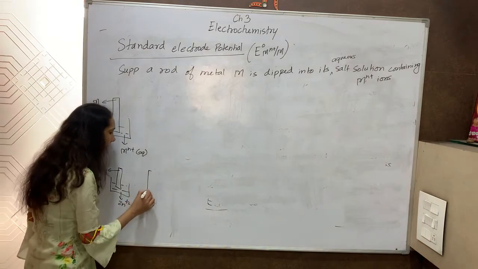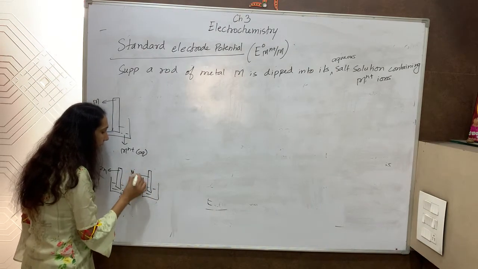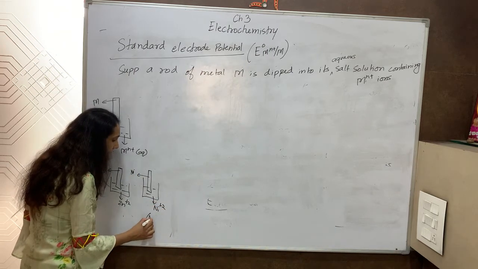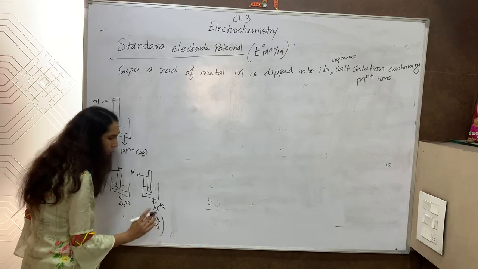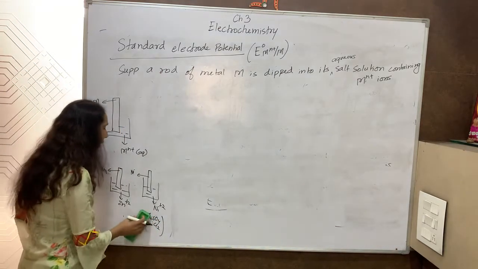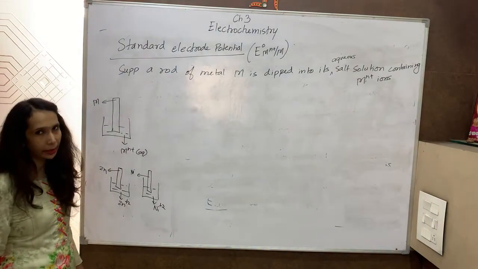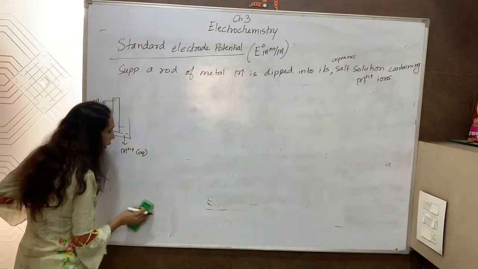Similarly, if I take nickel, it can be dipped in nickel ions. Nickel ions, that means it can be nickel sulfate, it can be nickel chloride, any sort of nickel salt. So we are not concerned with the anion, but the metal ion which should be present should be same as the metal. So we consider a rod of metal M is dipped in the solution of its ions.